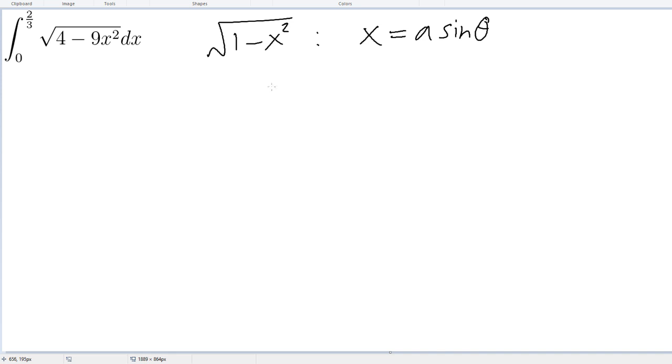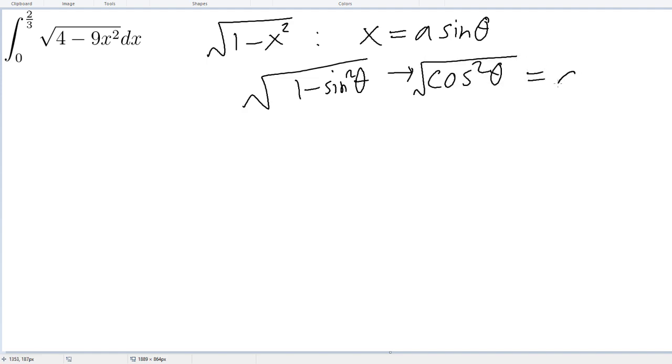The reason is that when we let x equal some constant times sine theta, it gets rid of our square root. That's why we use sine theta, so that it gets rid of the square root. And of course, 1 minus sine squared is cosine squared.